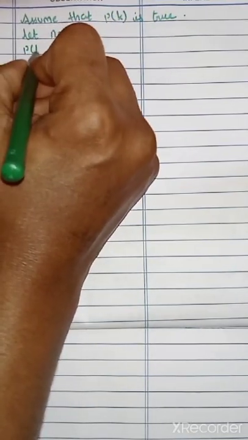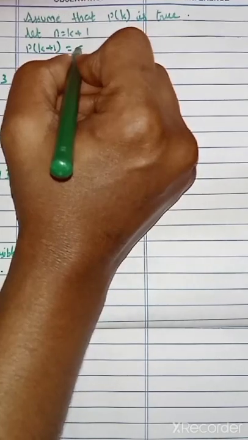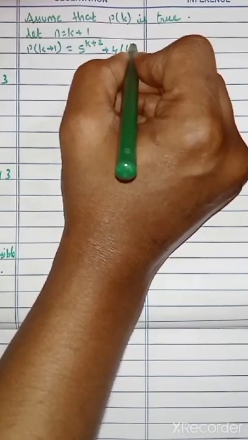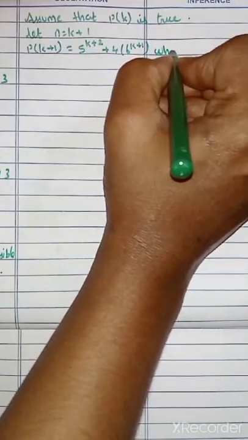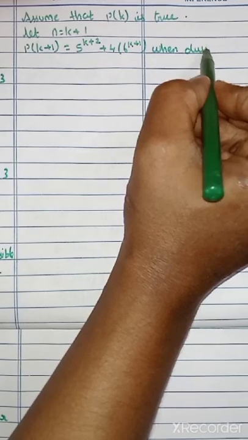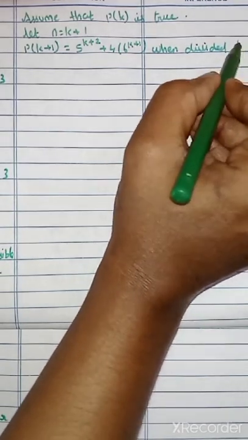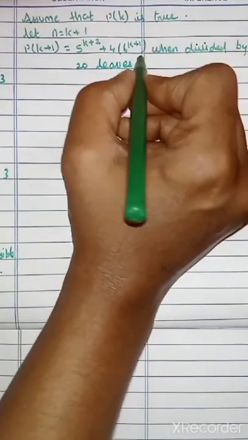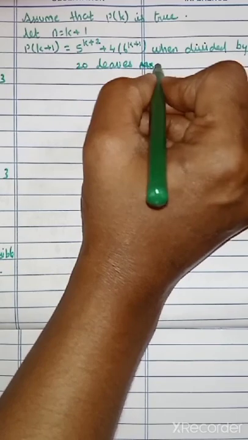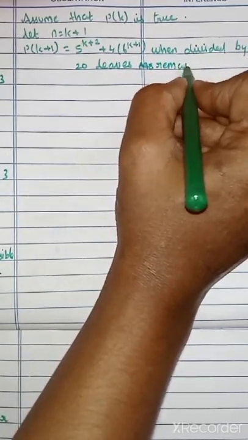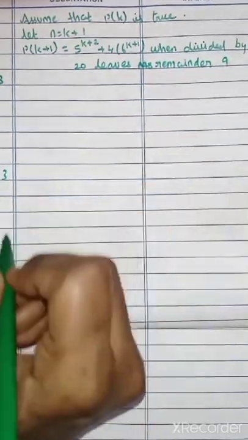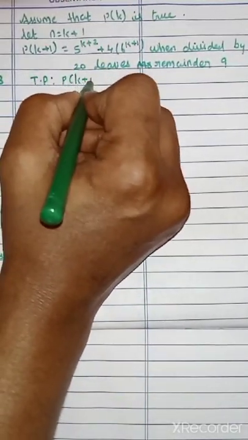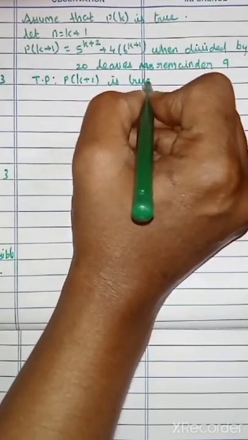That is, P of k plus 1 equals 5 power k plus 2 plus 4 into 6 power k plus 1, when divided by 20, leaves remainder 9, correct? Okay, so we want to prove that P of k plus 1 is true.